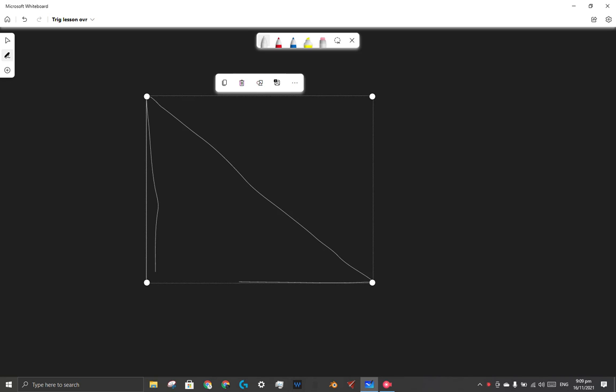Okay, and then I'll put up one final problem, a medium level problem, which requires you to calculate the angle. So I'm going to draw it.